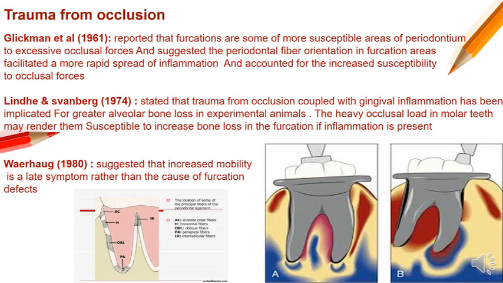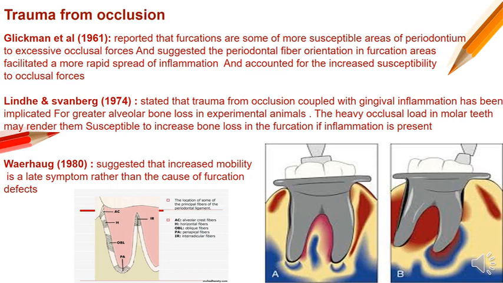According to Lindhe and Svanberg in 1974, trauma from occlusion coupled with gingival inflammation has been implicated in greater alveolar bone loss in experimental animals. The heavy occlusal load on molar teeth may render them susceptible to increased bone loss in the furcation if inflammation is present, which means that when we already have inflammation, the presence of occlusal forces together can result in furcation involvement.